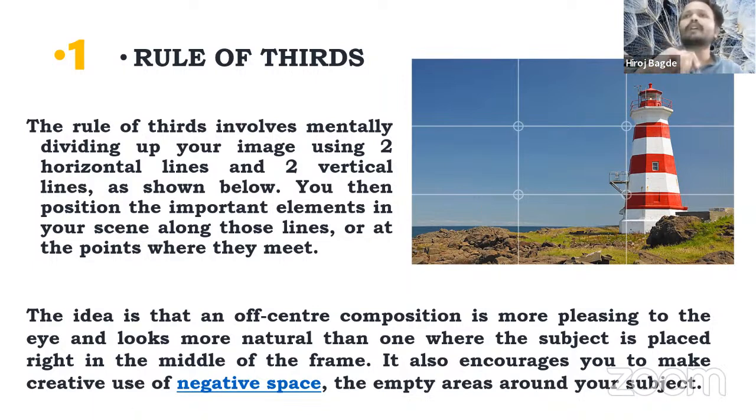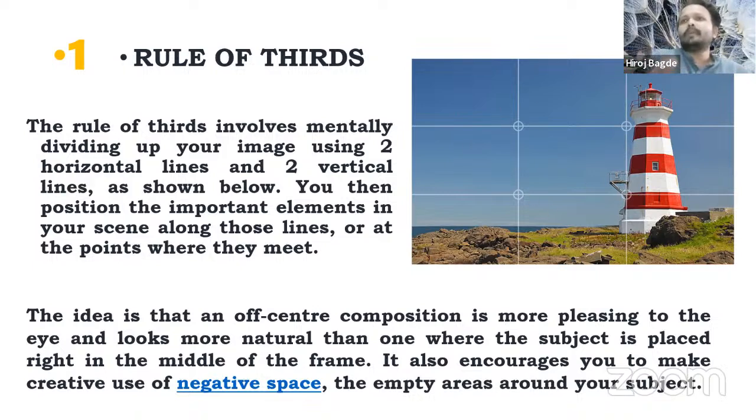You can just switch on the grid camera option in your mobiles, and then you'll get such grids. Why are these grids given? Because they are very important elements. Can you see the intersecting points? 1, 2, 3 and 4, we have got intersecting points. The choice of your subject should be framed in such a way that it lies on the intersecting points.